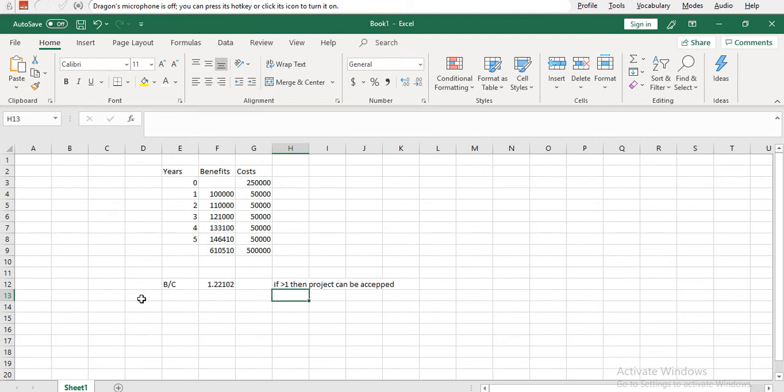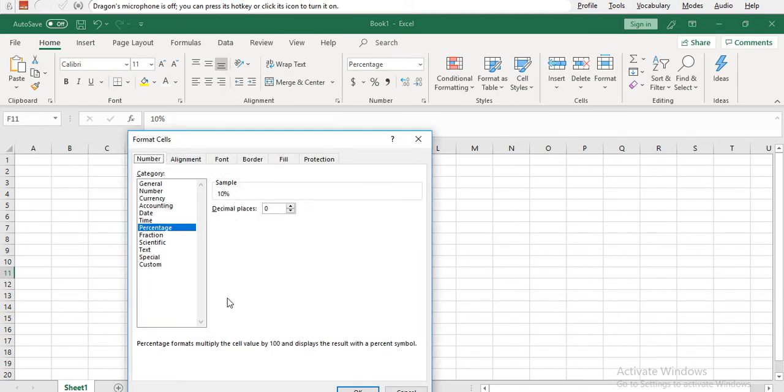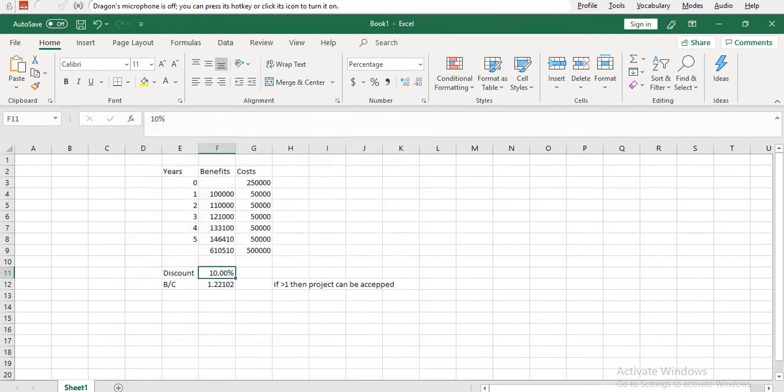So let us apply a discount rate. What is the discount rate? Maybe we say that 10% is the discount rate. Okay, so this is a percentage. Format cells, percentage, and two decimals. Okay, this is 10%.